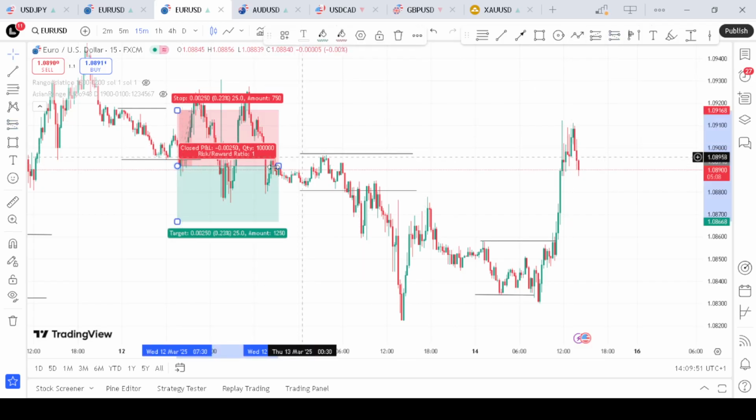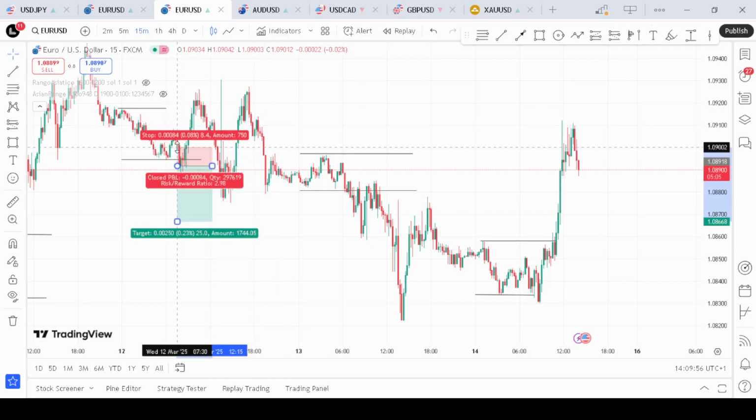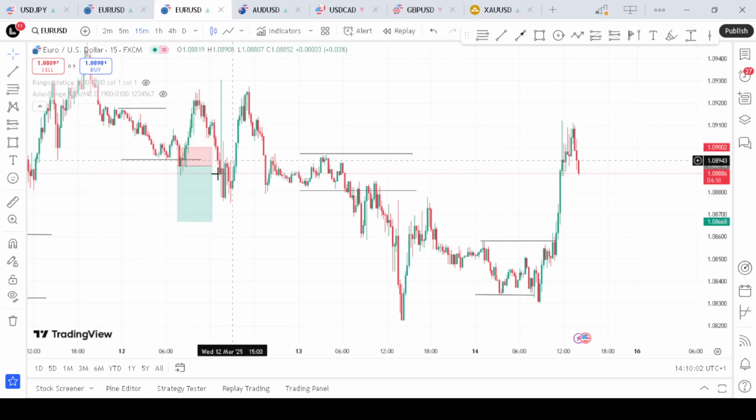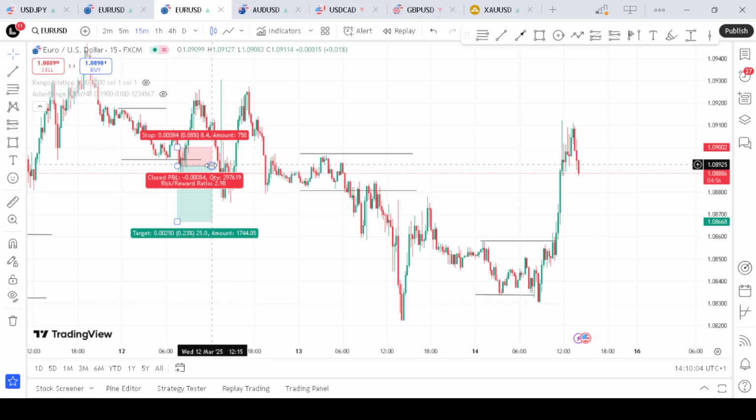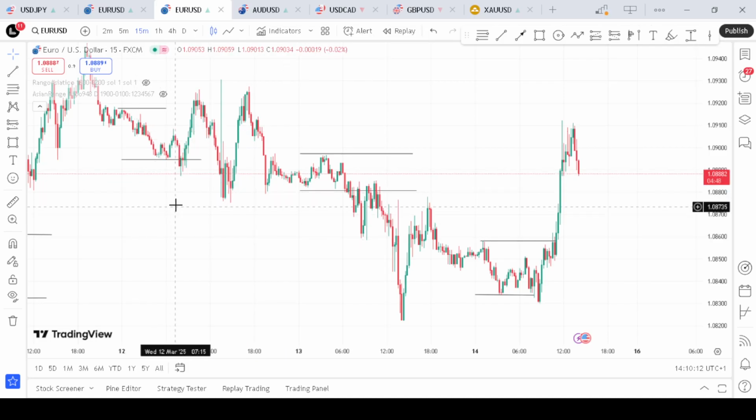They would want to catch this trend, but price reversed on them. As we are the smart traders that have a strategy, once we see this reversal, this is when we would want to capitalize on the market. So this is exactly what the Asian range is all about: faking traders in one direction and moving to the other direction.